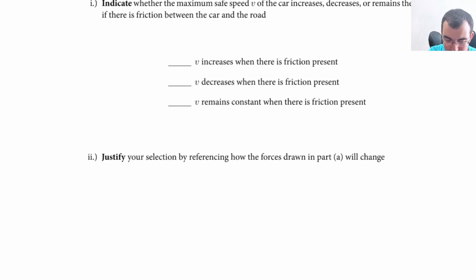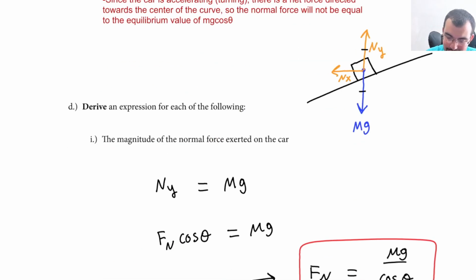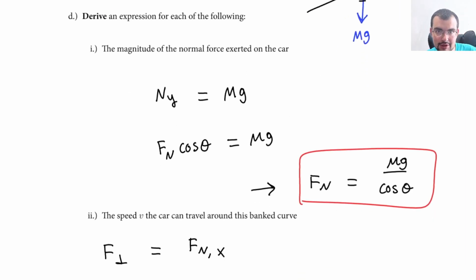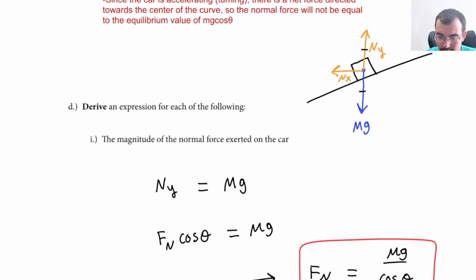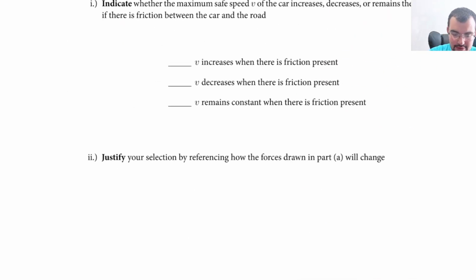Well, we want to figure out how the forces will change. If there is friction, that means there will be a component that prevents me from sliding, and part of that will point towards the center of the circle. So we're essentially adding an extra centripetal force, and the normal force is actually going to adjust to balance that if there's a downward y component.